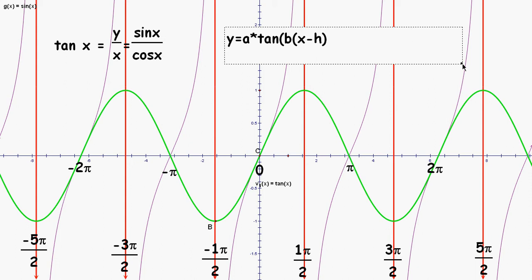These basically take on slightly different meanings than we had with the sine and cosine.